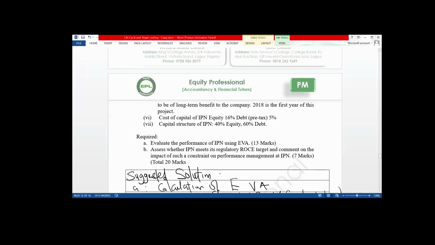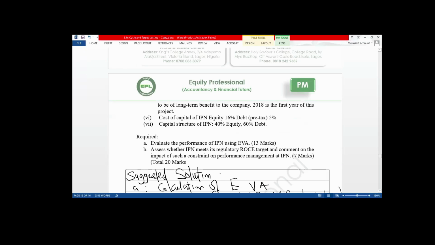Assess whether IPN meets its regulatory return on capital employed targets and comment on the impact of such constraint on performance management at IPN.